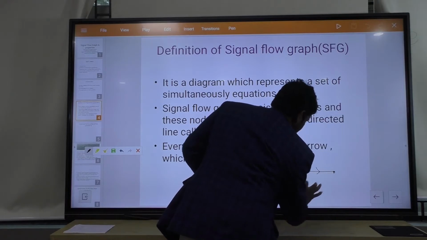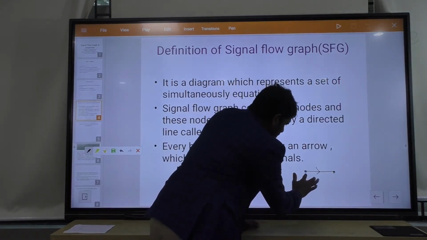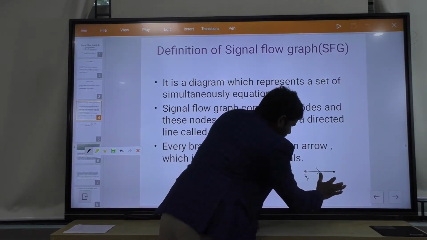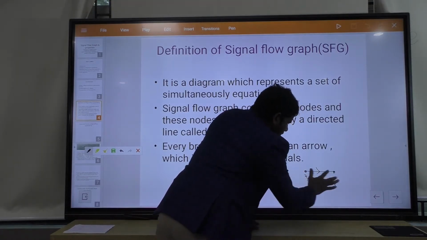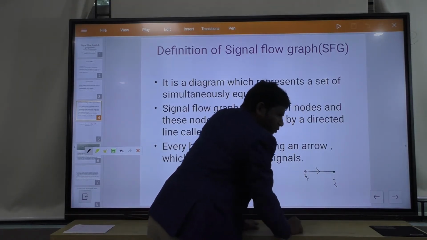So this is node x1, and this is node x2. The arrow mark indicates the flow of signals.